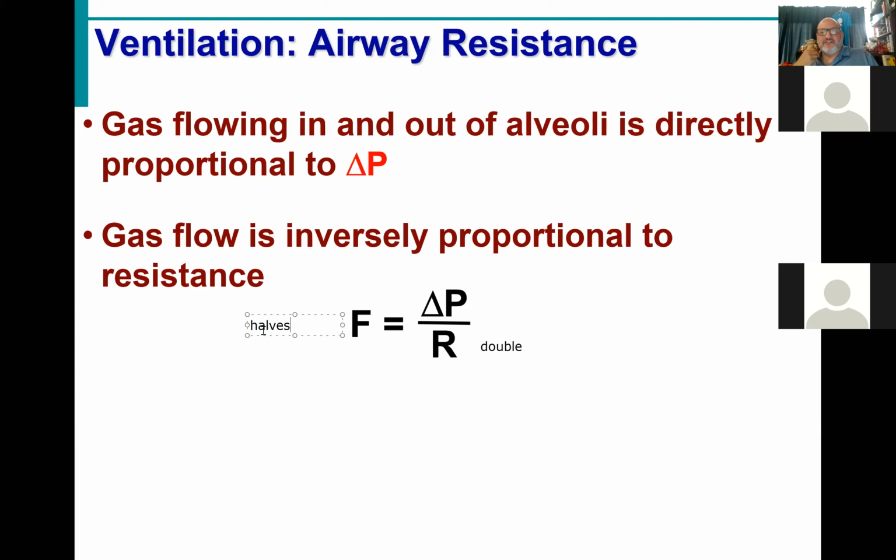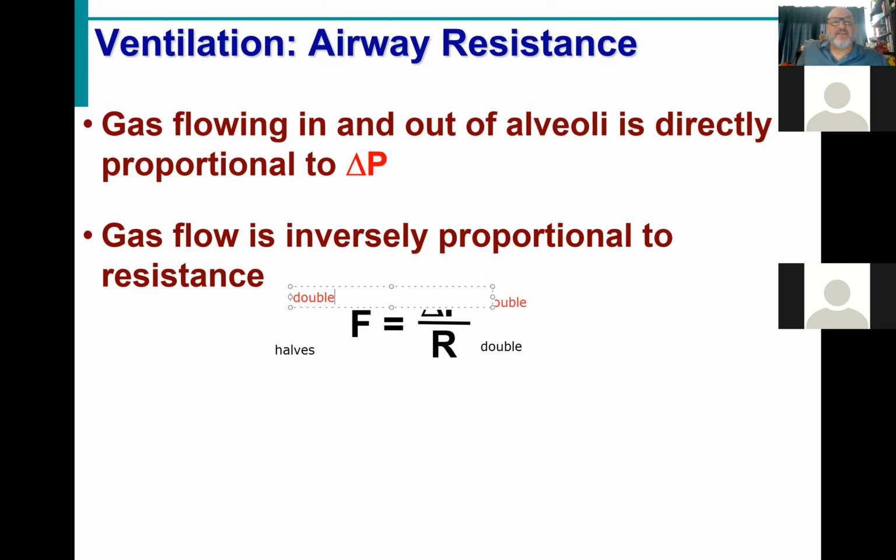So if I double the resistance, that halves the flow. But conversely, if I double the pressure gradient, then I double the flow, right?